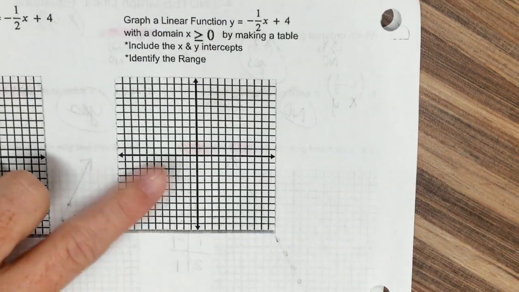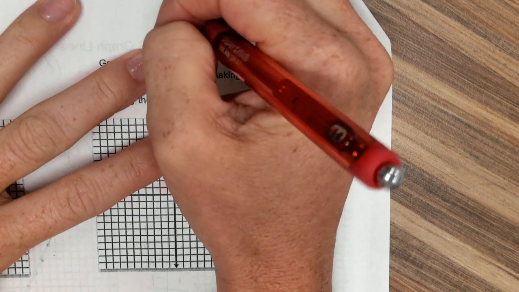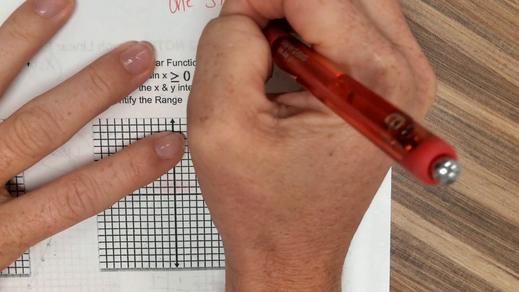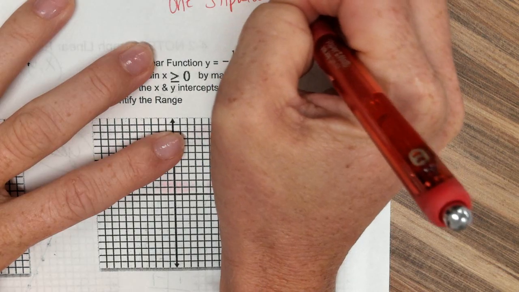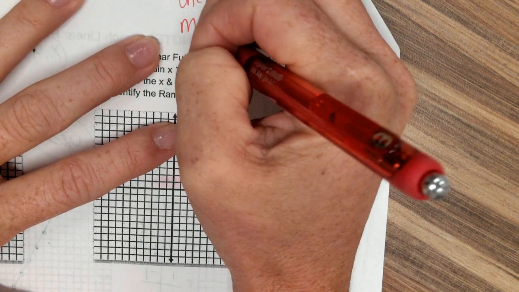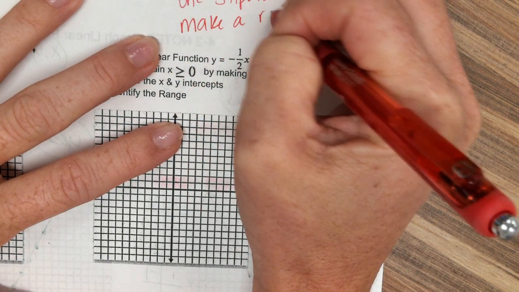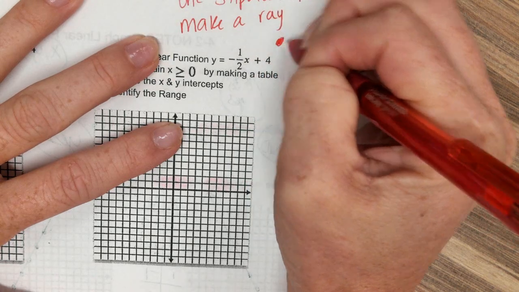All right, let's go to this one. And I want you to write this. If it has one stipulation, like one rule, make a ray. A ray looks like this.